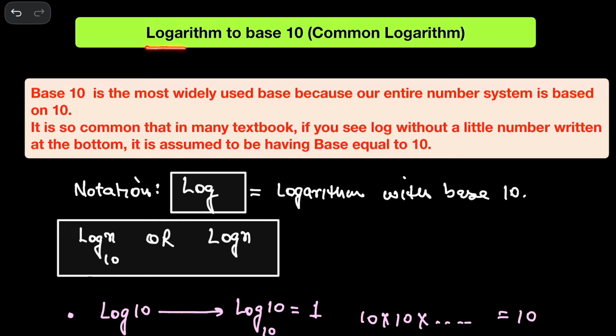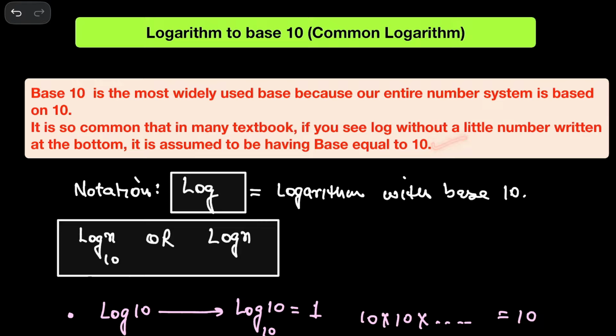Logarithm to base 10 is also called common logarithm. Base 10 is the most widely used base because our entire number system is based on 10. It is so common in many textbooks that if you see log without a little number written at the bottom, it is assumed to have the base equal to 10.